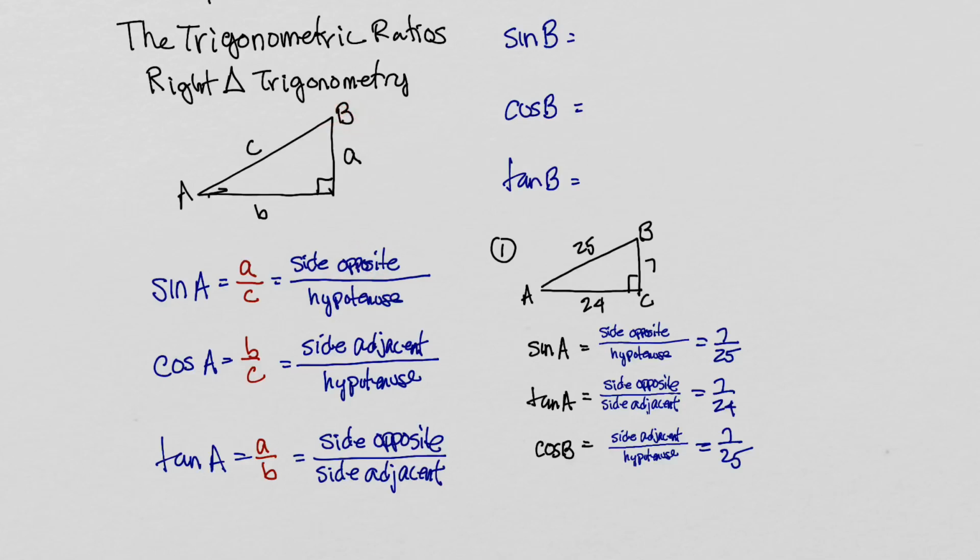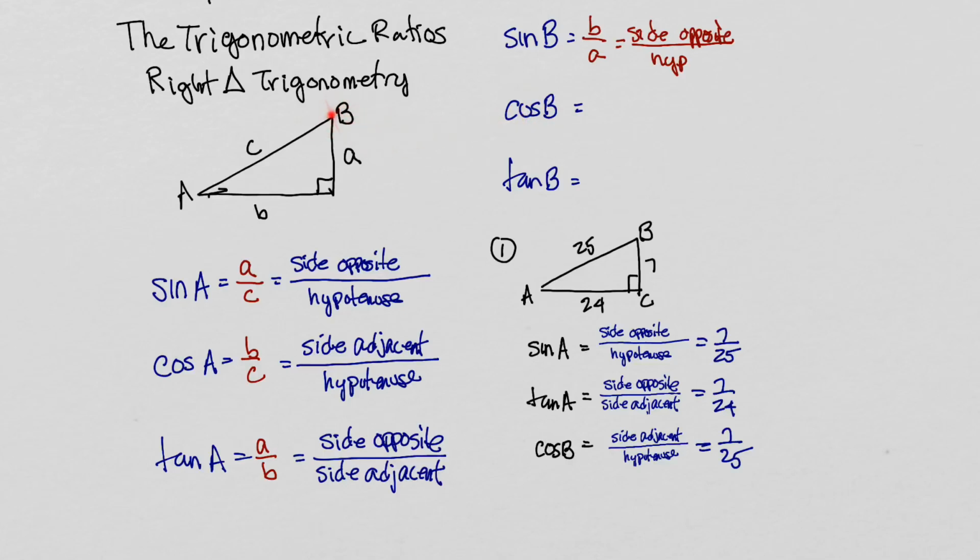Now look at B. The side opposite is b over the hypotenuse. So this is going to be b over c. Right? This is the side opposite over the hypotenuse.